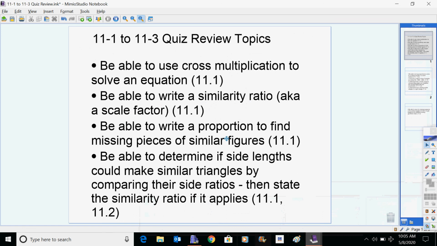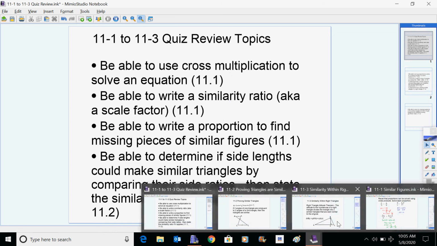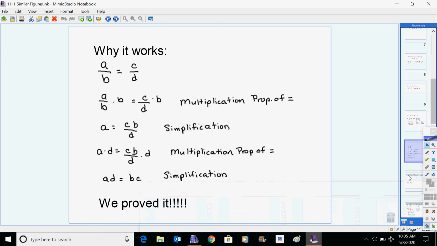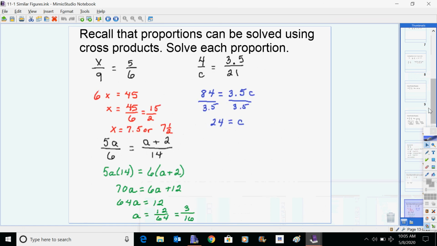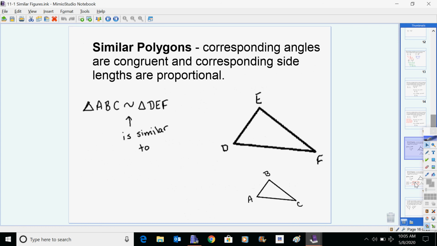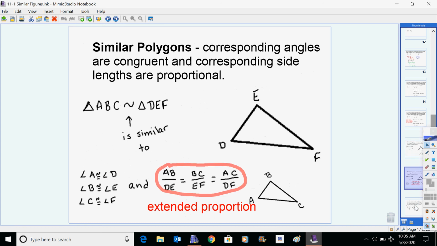Another thing you would need to be able to do is write a similarity ratio, in other words, a scale factor. We call them scale factors sometimes and similarity ratios at other times. In section 1 you were supposed to find the scale factor.